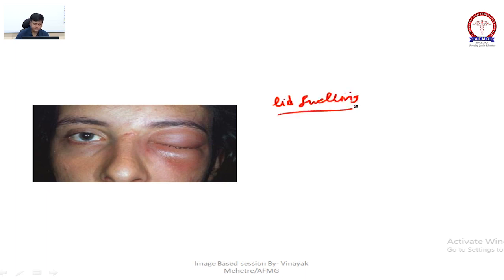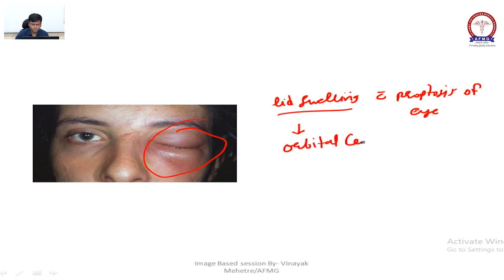Lid swelling with proptosis of the eye. It is seen in orbital cellulitis. Okay.